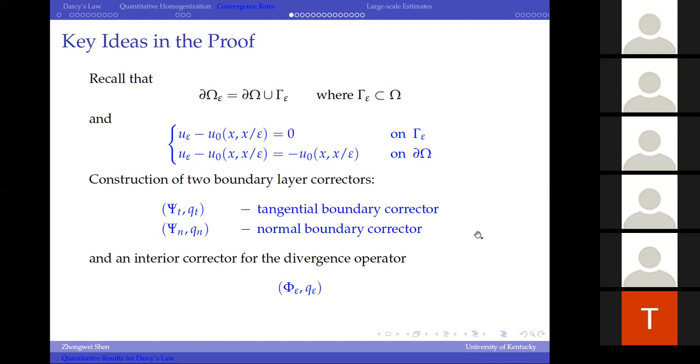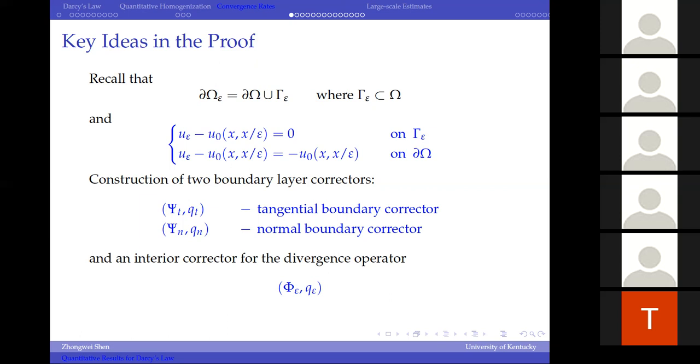In order to handle this problem, we're going to construct two boundary layer correctors. One deals with the tangential boundary data, another with the normal boundary data. There's also an interior corrector for the divergence operator, but this is known already from previous work. I will say more about these boundary correctors.